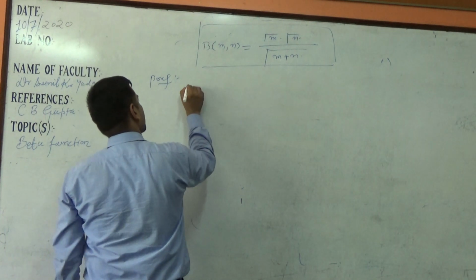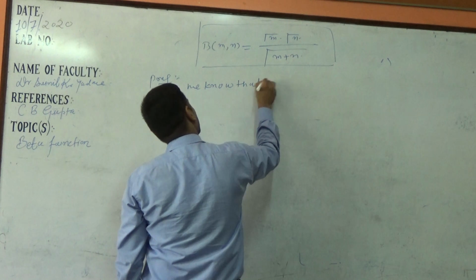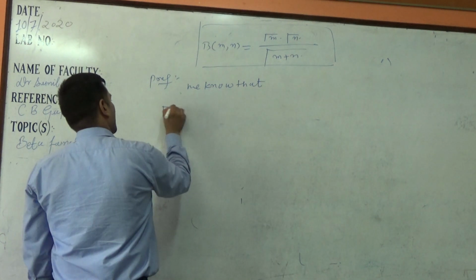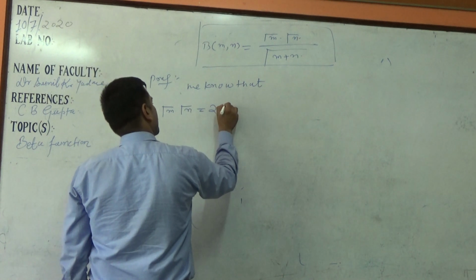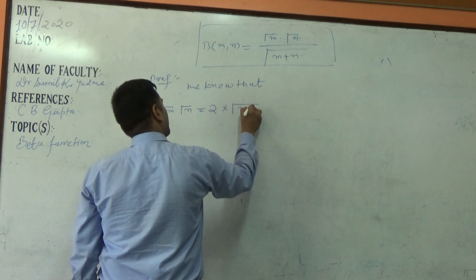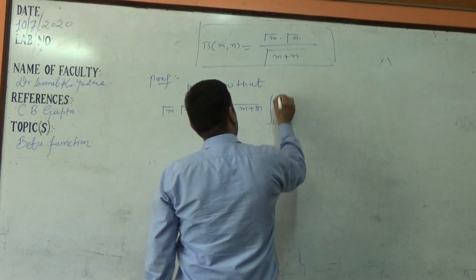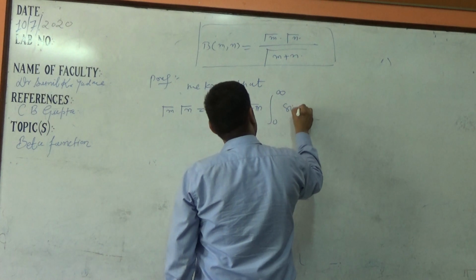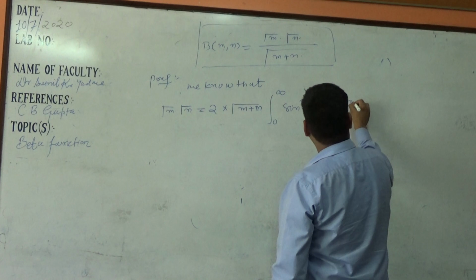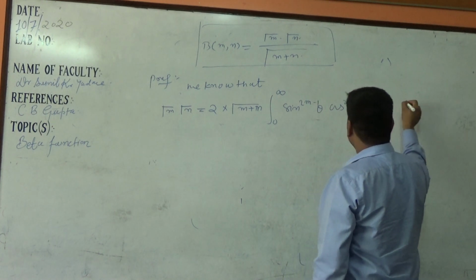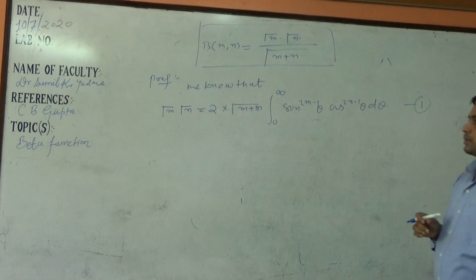Since we know that gamma m into gamma n equal to 2 times gamma m plus n times the integral of sin to the power 2m minus 1 theta into cos to the power 2n minus 1 theta d theta. In order to prove this result, we will use this formula.